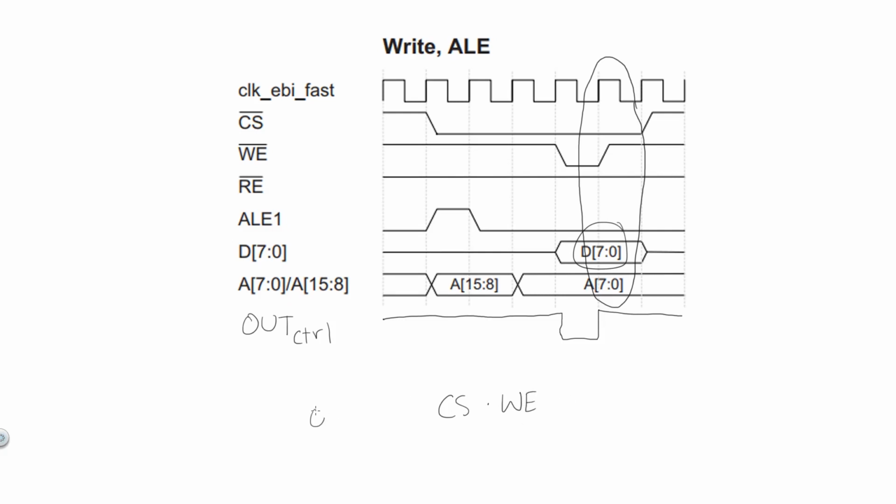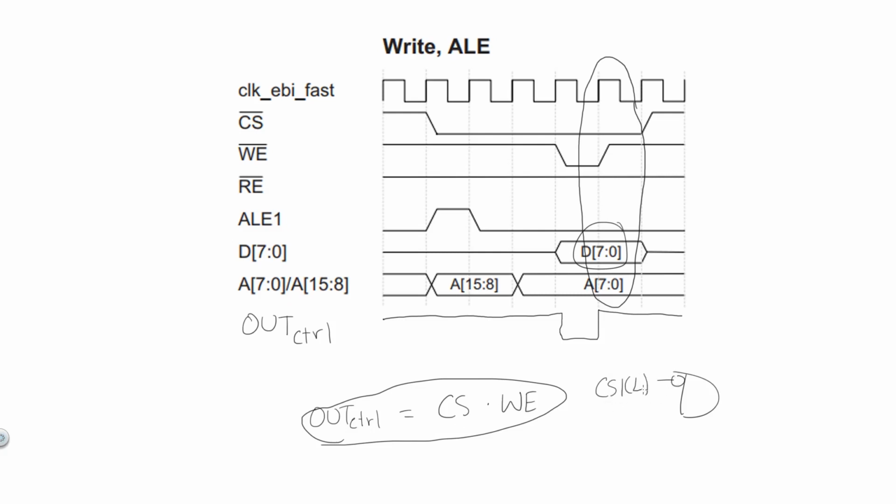So if we call the output of this Boolean equation output control, our goal now is to create an AND gate circuit that will generate a low voltage when chip select and write enable are both true. So if we draw an AND gate, chip select and write enable are going to be active low inputs. In this case, we're using chip select 1.